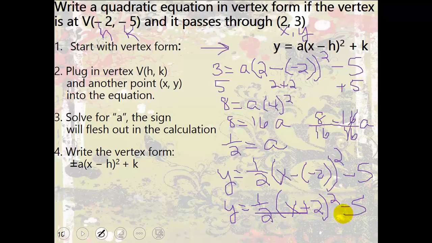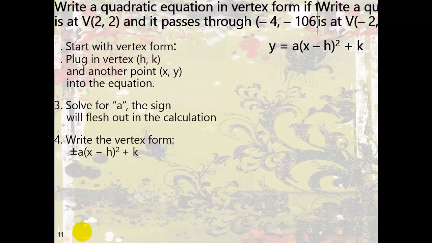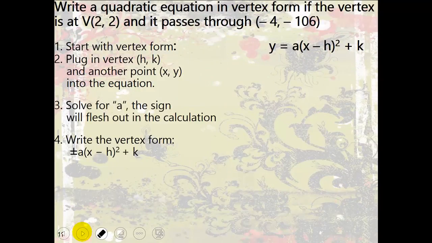Remember, just be careful with the minus and negative in here. That's why it goes positive. Things move in the opposite direction inside those parentheses. So go ahead and answer the video questions and see if you can calculate and find this equation.